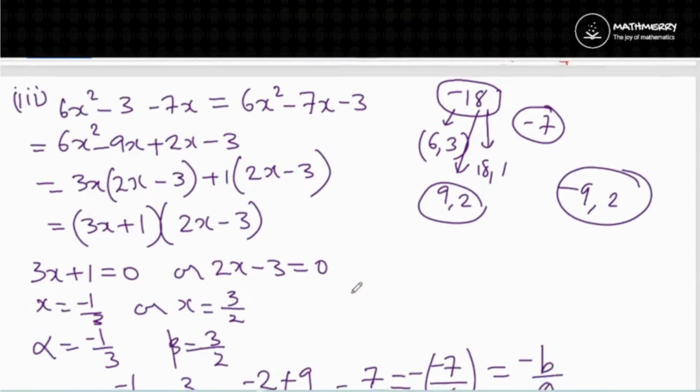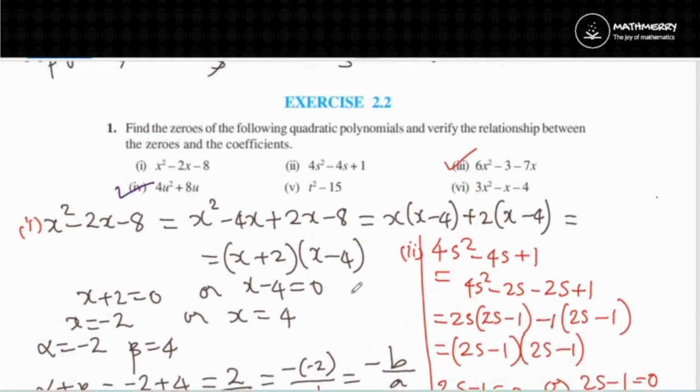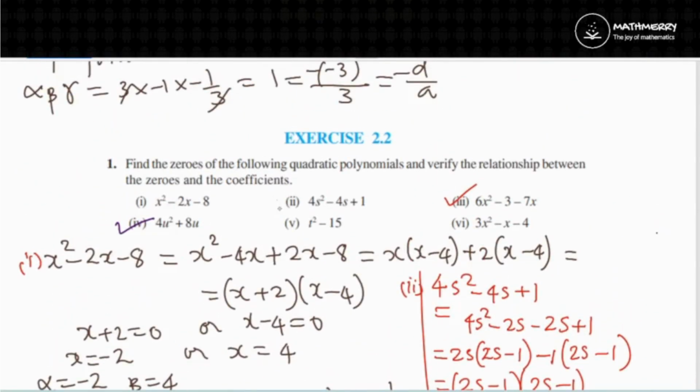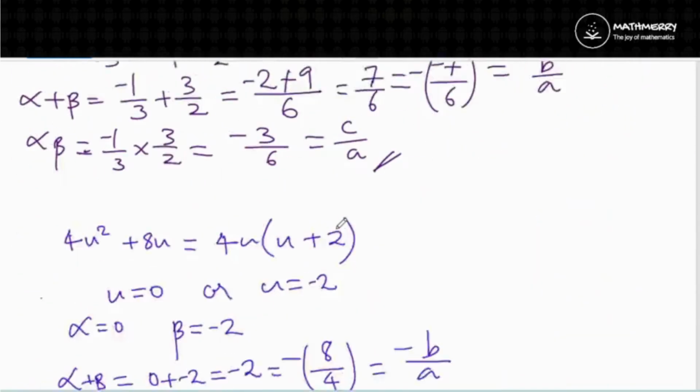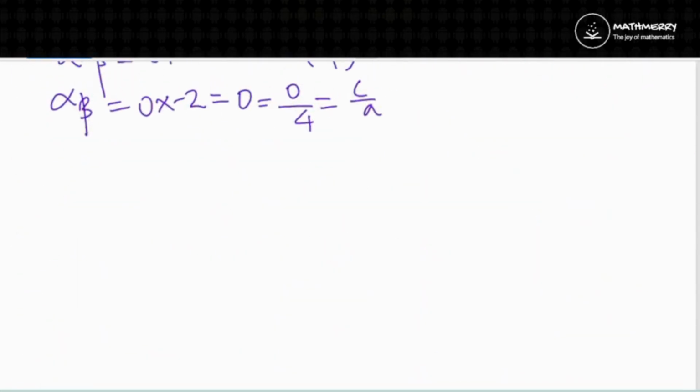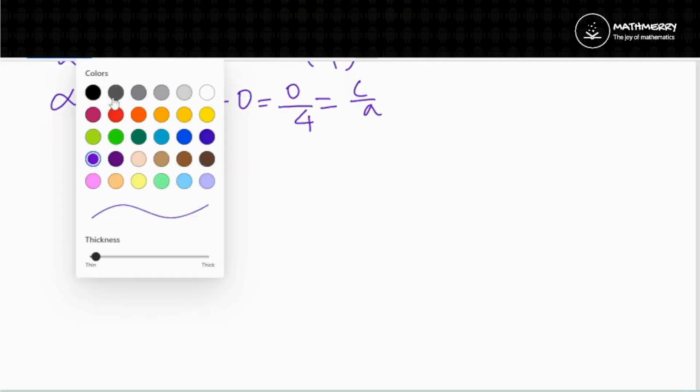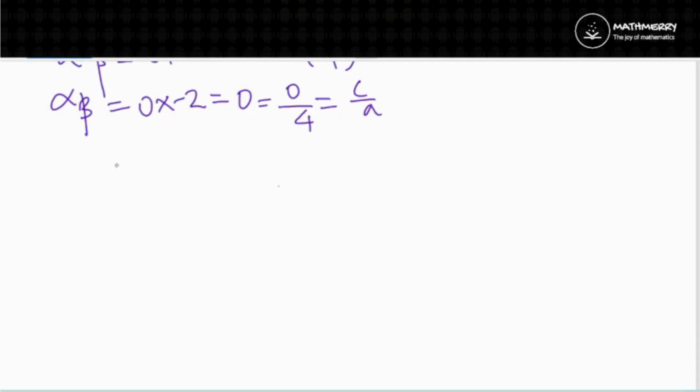Now moving to the next question, which is our fifth question. So fifth question is t square minus 15. We have to factorize t square minus 15. We have done something similar in the previous questions. How can we write this?